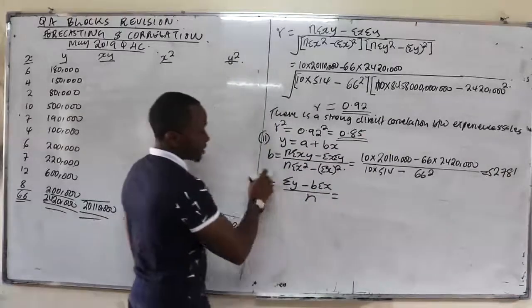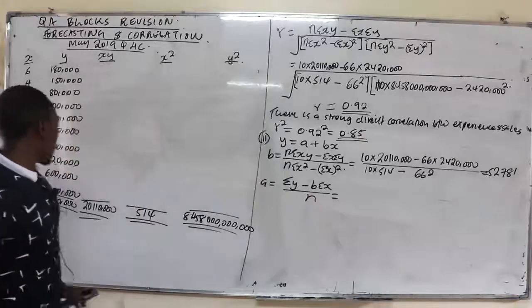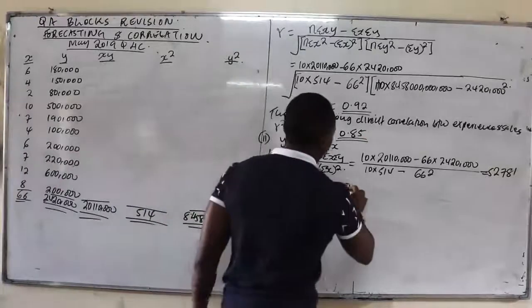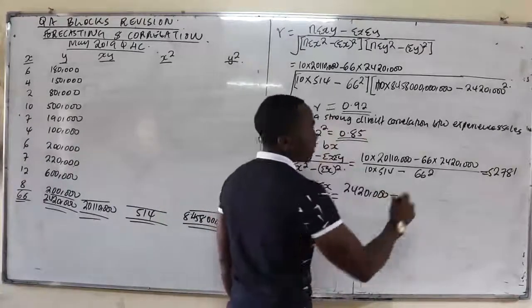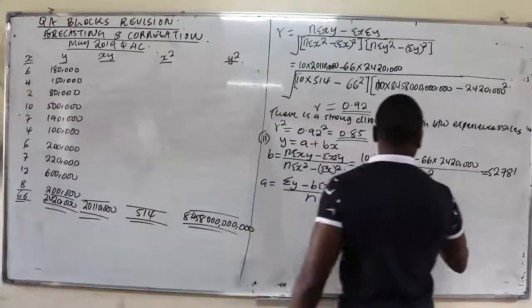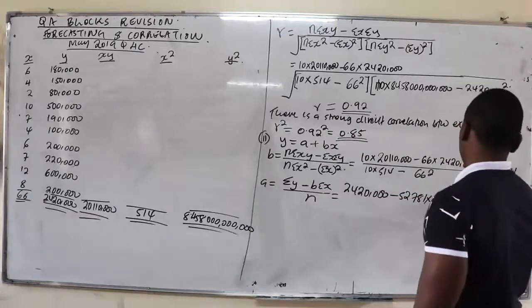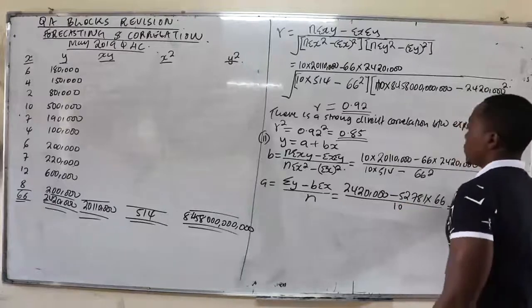And then how do we get a? To get a, you take summation of y, which was 2420, minus b, which we have gotten as 52,781, multiplied by summation of x, which was 66, and you divide by n, which was 10. So what do you get as your a?